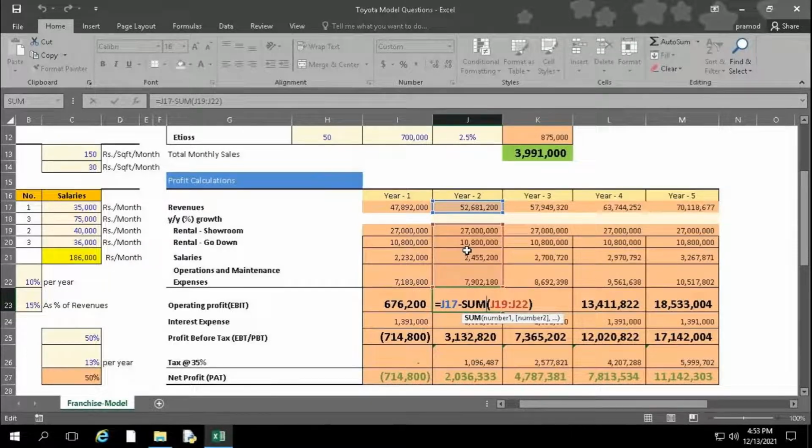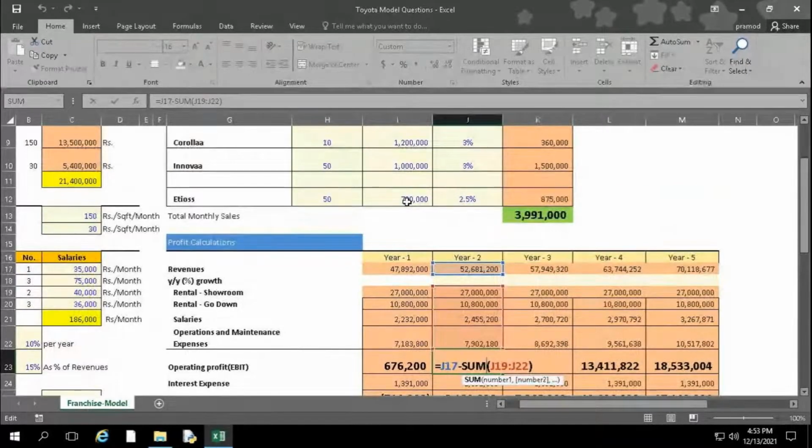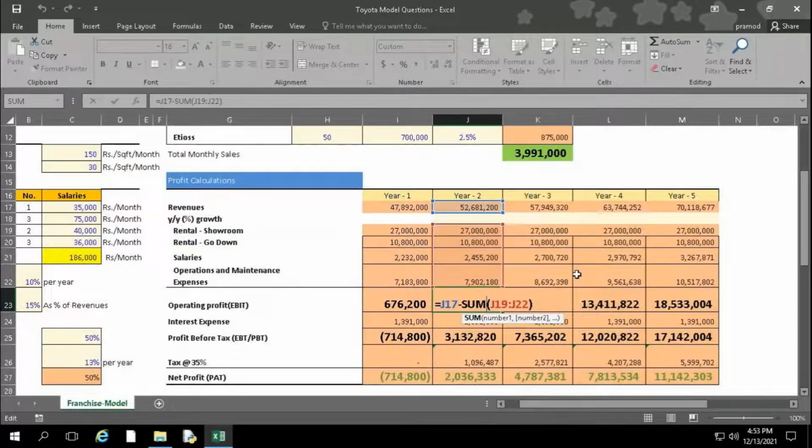J17 minus sum J19 to J22. Correct only, sir. Might be my values on the top are a mistake. Check the ones. Did you change the amount here? 70,000, so 7 lakh, yes, ETRs, sir. Then it should affect everywhere with the same value.